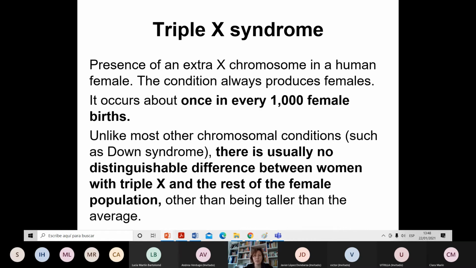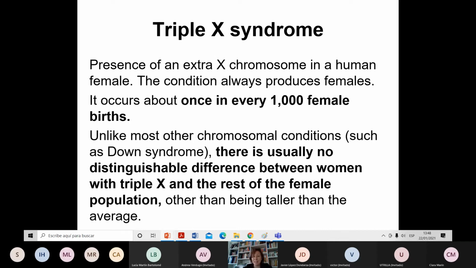And then we've got this one, the triple X, sometimes known as superwoman. This triple X is once every 1,000 females, so again quite common, the same rate as Klinefelter syndrome.